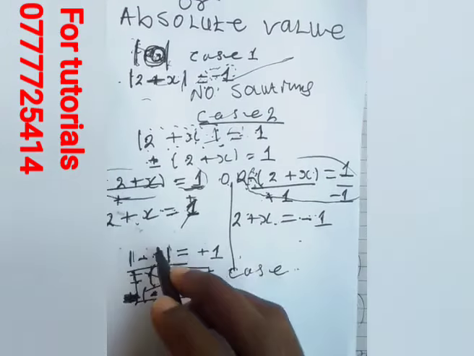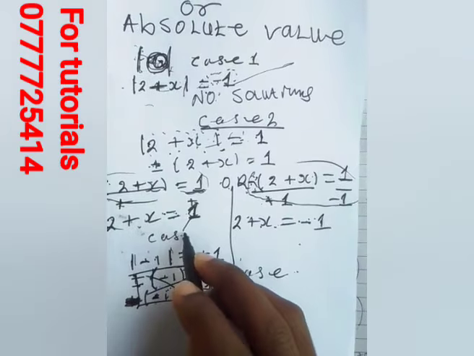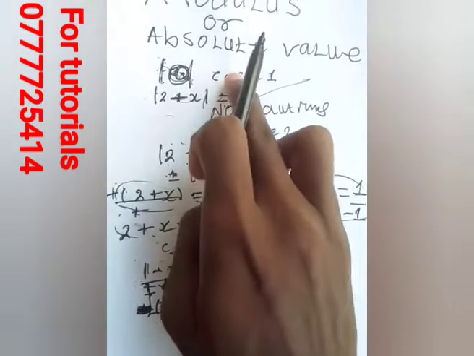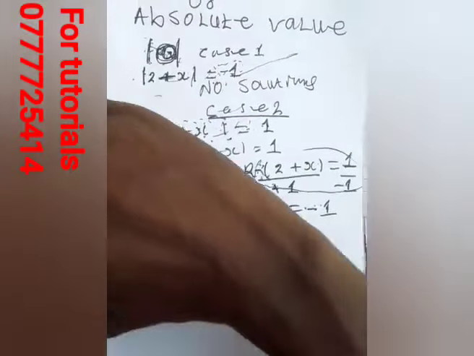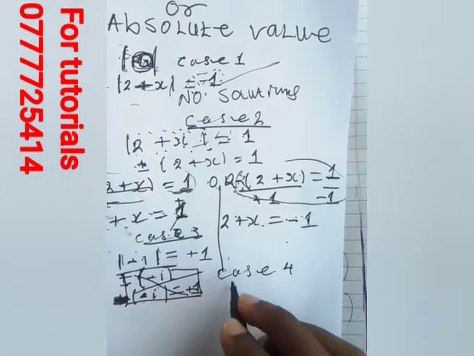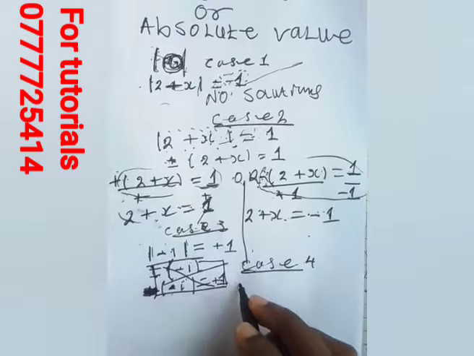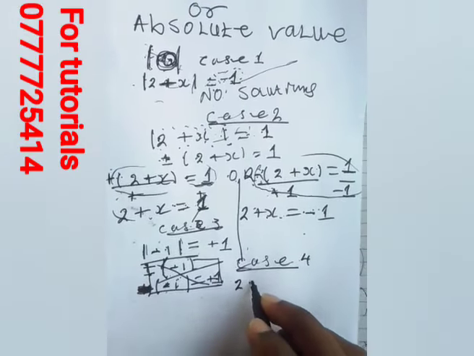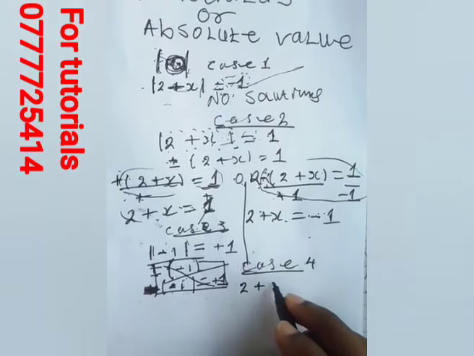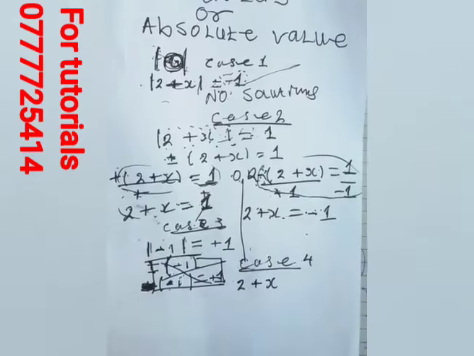Let's call this the case 3. So there's the first case, second case, third case, and then the fourth case, let's say case 4, is where maybe you have 2 plus, is why you have modulus inequalities.